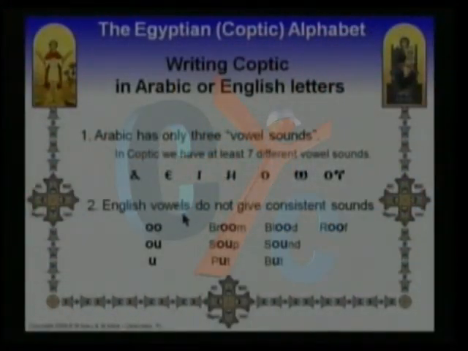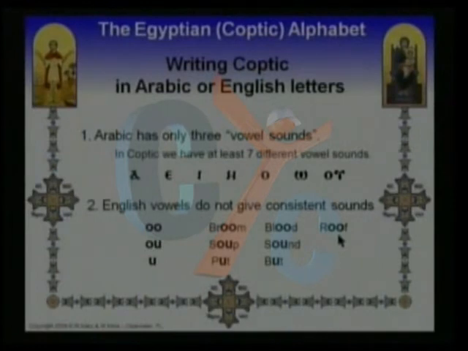How about the English? In English, the vowels don't give the same consistent sound. I'm just putting here some examples. For example, the 2 O's next to each other. They can pronounce U, like the word broom, but in the word blood, it is A. And there are 2 O's.